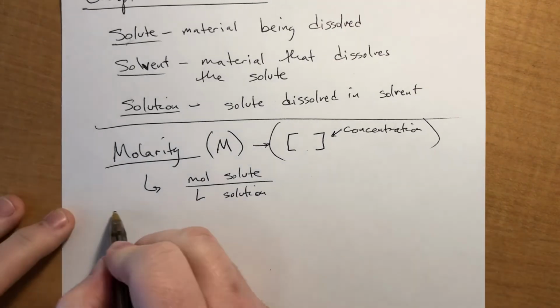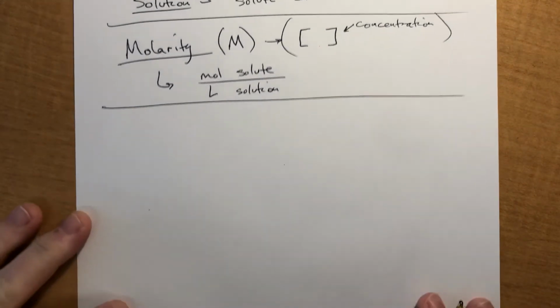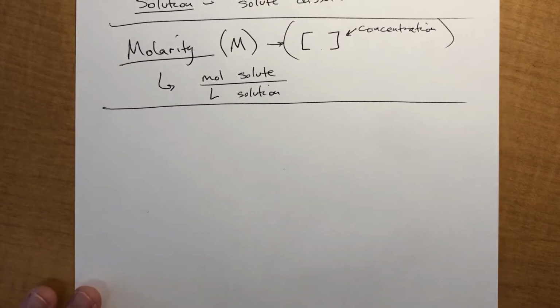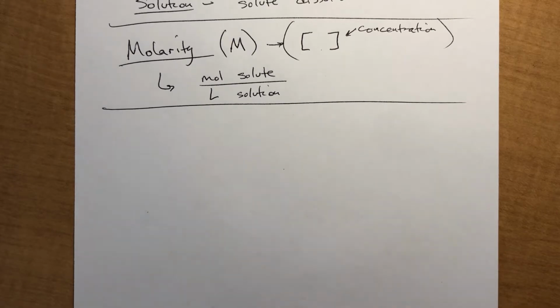Okay, one of the most common ways to talk about concentrations, especially if you're in the manufacturing industry. So if you're ordering chemicals from a chemical company, the next thing I'm about to talk about is the most common way that concentrations are written, because it's the easiest option for them.